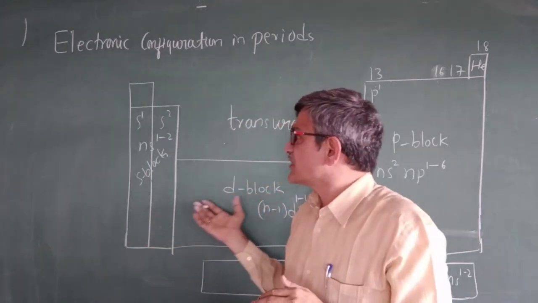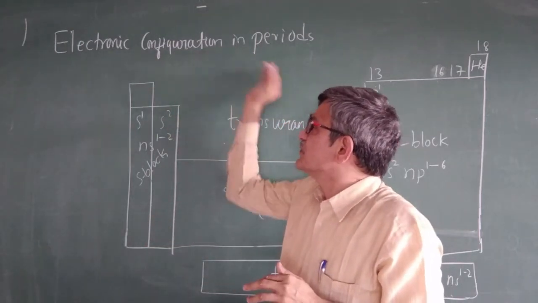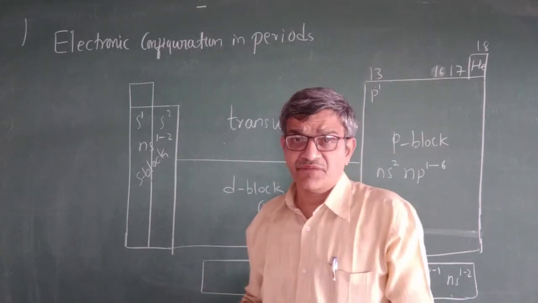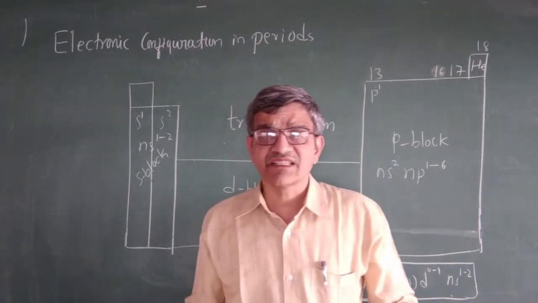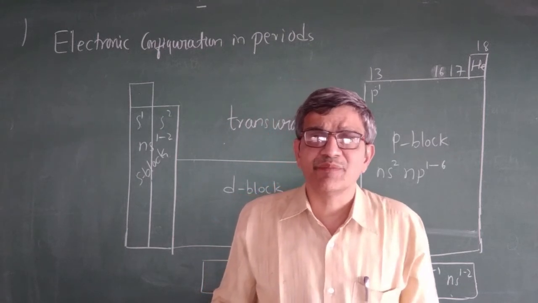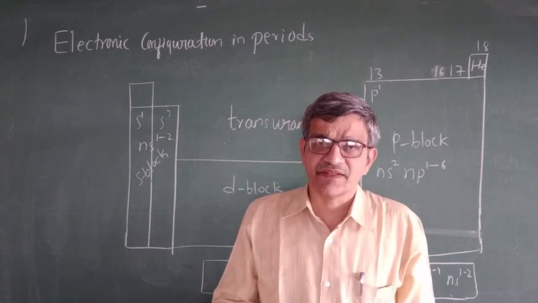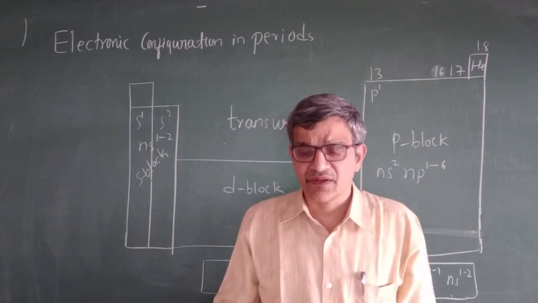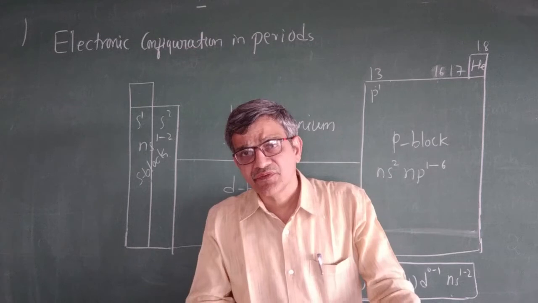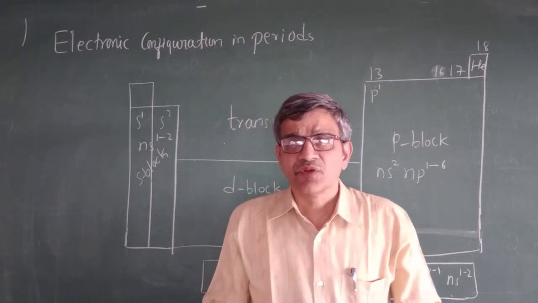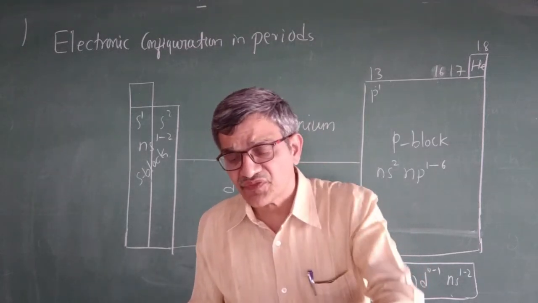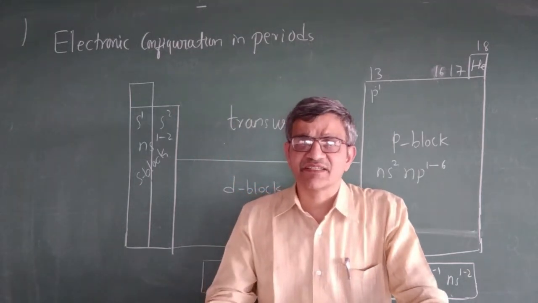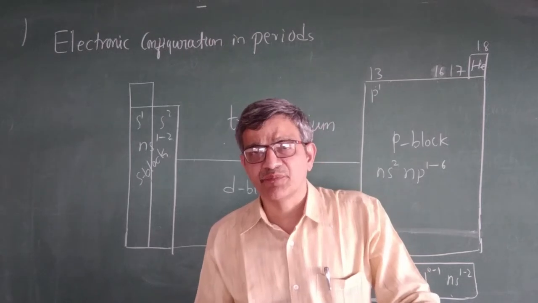So this is just the classification based on electronic configuration in a period, already discussed, then in groups. Further we can classify the periodic table based on its properties, that is metals, non-metals and metalloids. Metals normally have a solid form, conduct electricity as well as heat, transferring heat from one point to another.